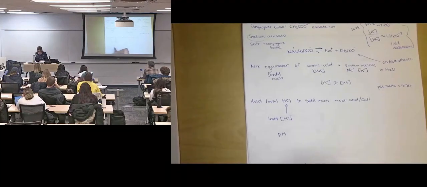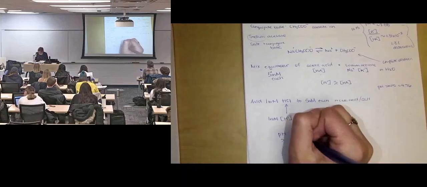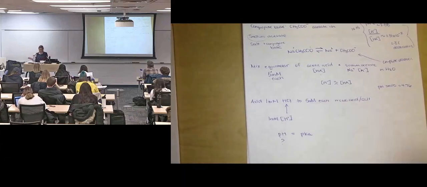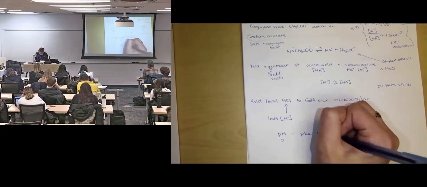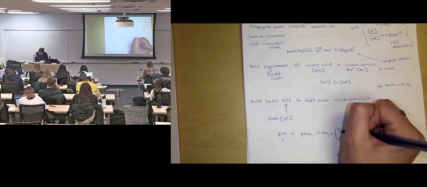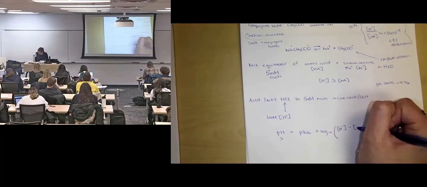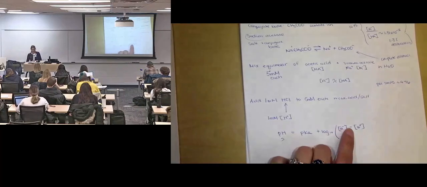So I'm interested in what happens to pH when I put this HCl in. I have pKa. That's really not changing. That's the pKa of acetic acid. And then I have log base 10 here of, on the top, my conjugate base, but I'm losing some of it.